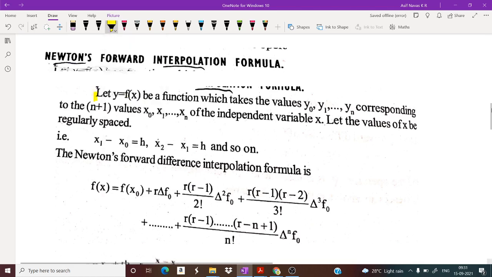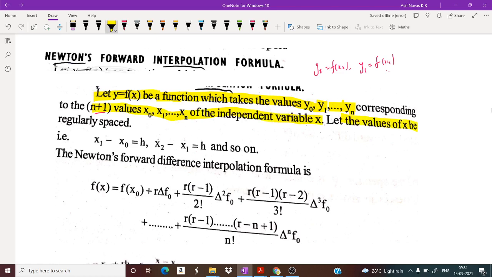So let y equal to f of x be a function which takes the values y0, y1, etc. up to yn. That means y0 simply means f of x0. Okay. And y1 means f of x1. Corresponding n plus 1 values x0, x1, etc. xn of independent variable x.